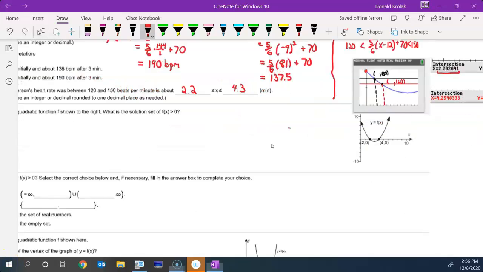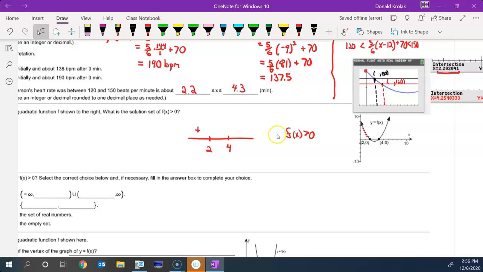All right, the question's asking, what is the interval where f of x is greater than 0? So if I look at this drawing here, a sign chart that would go with that drawing would look like this. This is 2, this is 4. Okay, to the left of 2, my graph is positive.